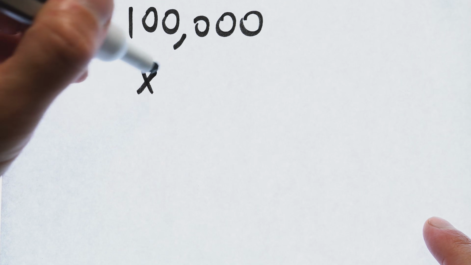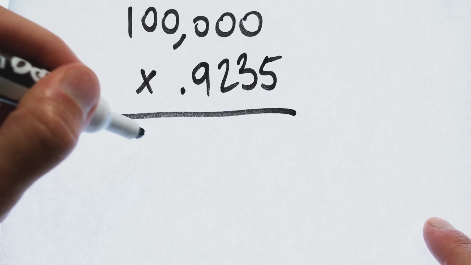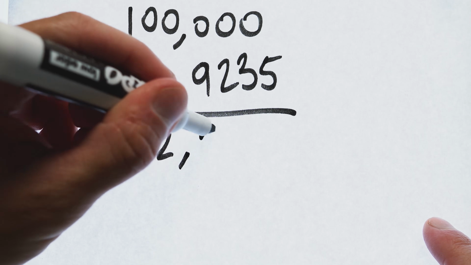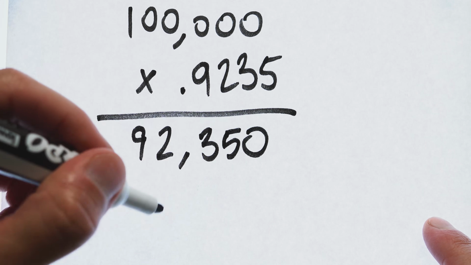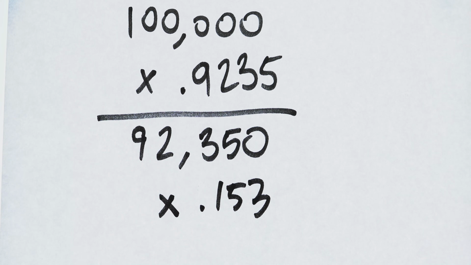So if you have a net profit of $100,000, I'm gonna walk you quickly through the math on how to calculate your self-employment tax. So if we have $100,000, we're gonna multiply it by 0.9235. That will give us $92,350. Now we're gonna multiply this by 0.153, and that is our self-employment tax rate.